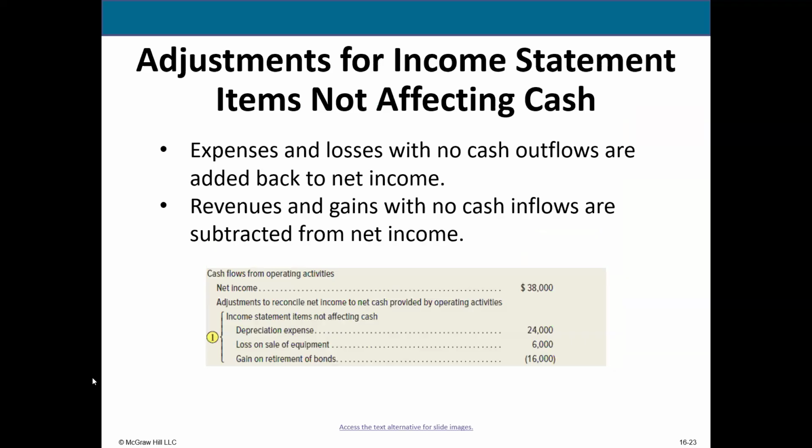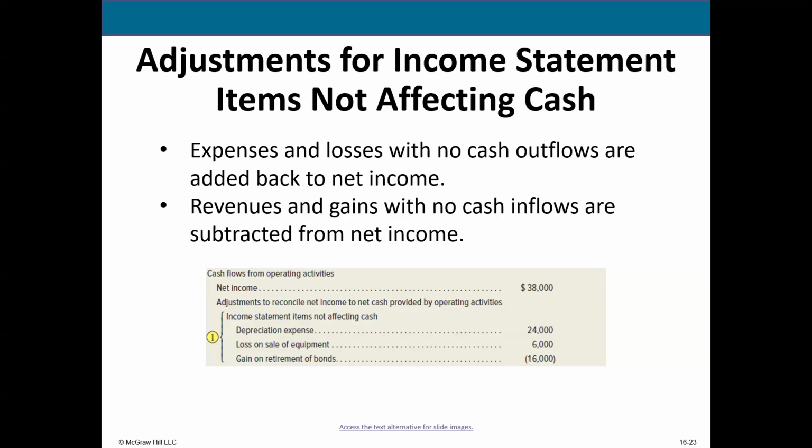There are a couple of things here to note. Going back to those non-cash activities. So the income statement includes expenses and losses that are subtracted when we compute the net income and not directly out of cash flows.